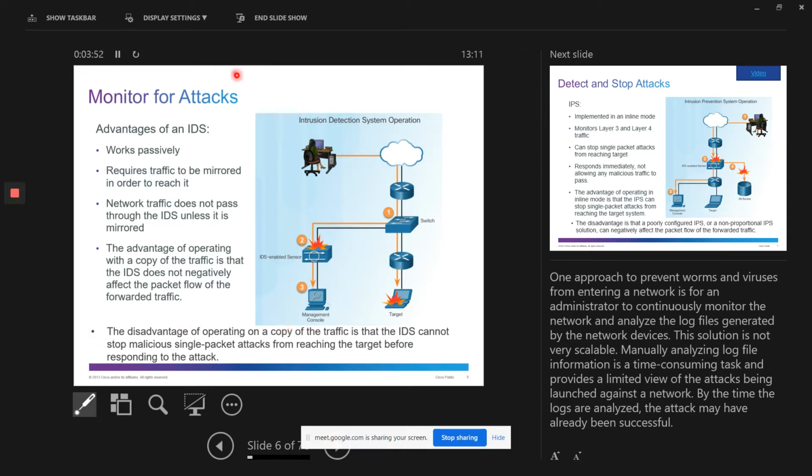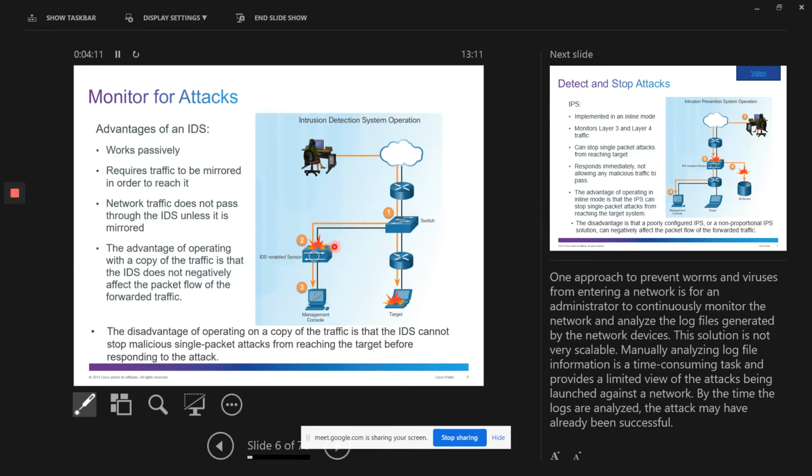Now, the only problem with this sort of technology is that while the IDS is inspecting your traffic, the traffic is allowed to travel through the network. So that means it can affect your network.